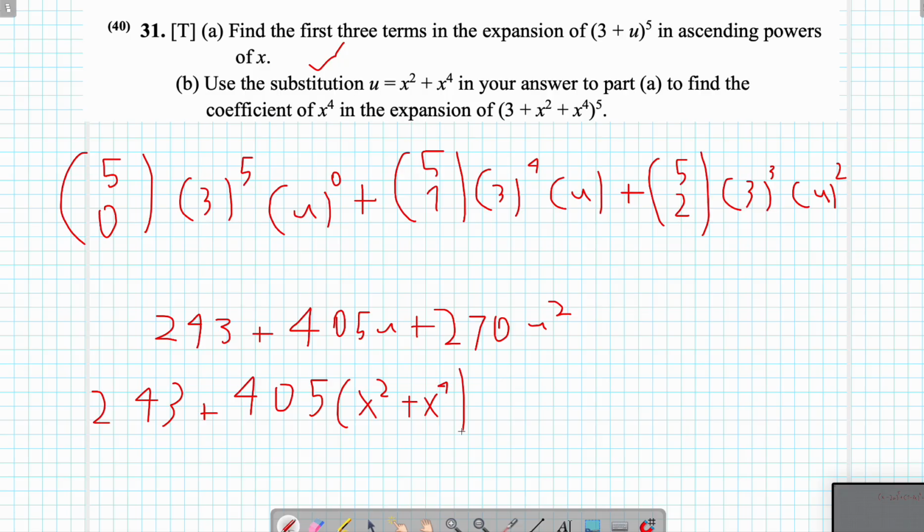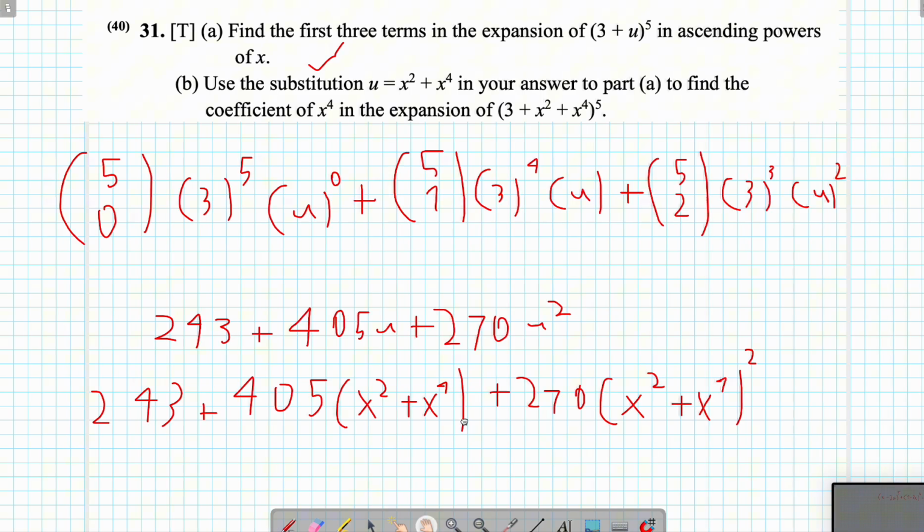Here we're just substituting u, nothing much. Plus 270 times (x squared plus x to the 4), all of that squared. Then let's simplify.